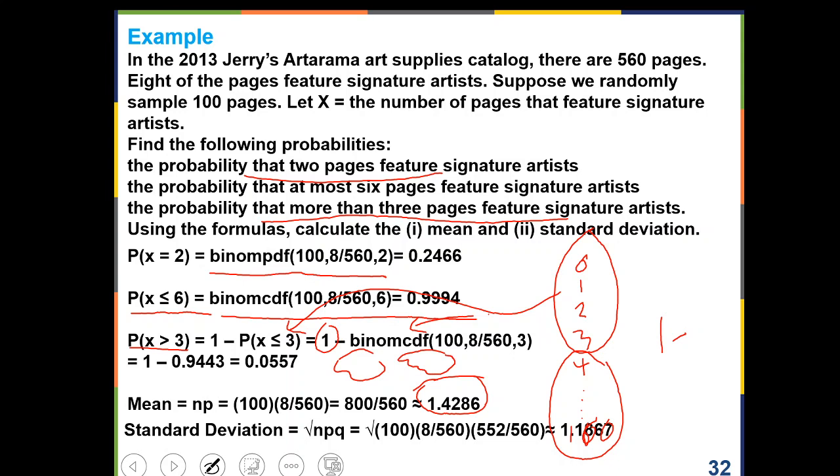Every time, you might get several pages, maybe 3 that have signature artists. Next time maybe you get 1, and so forth. If you add these numbers and divide by how many times you did it, the average is about 1.4. So you expect to get about 1.4 pages on average. Of course, you can't have 1.4 pages. That's an average. The average is not real, but it gives us a measure of what to expect, right?